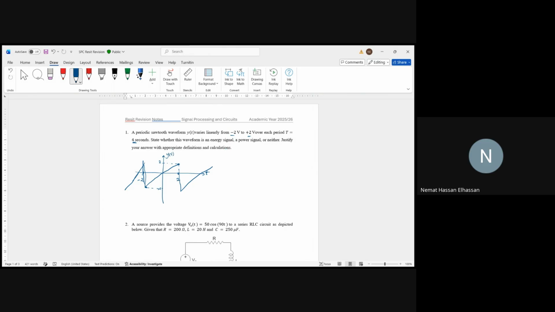It's a periodic signal. Now if you look at this signal, it is periodic, but it has a finite number of discontinuities, and the area under it is finite, even though it's periodic.